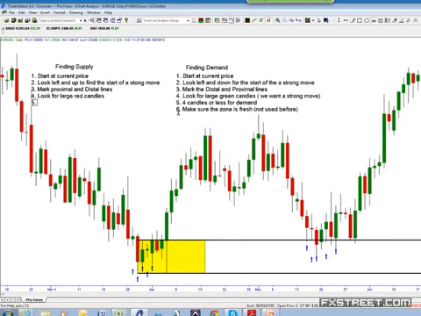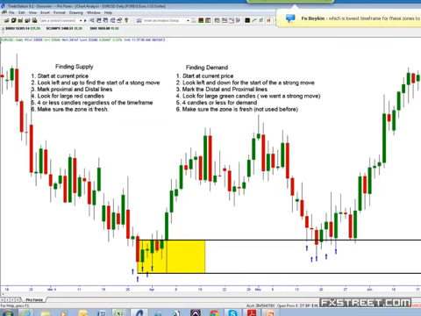And, of course, we would like to see 4 or fewer candles, regardless of time frame. And, of course, we want to make sure the zone is fresh.